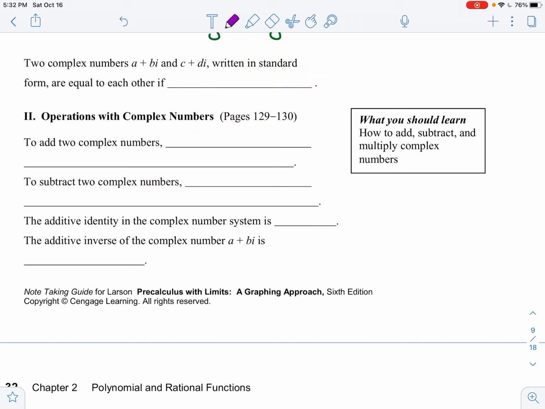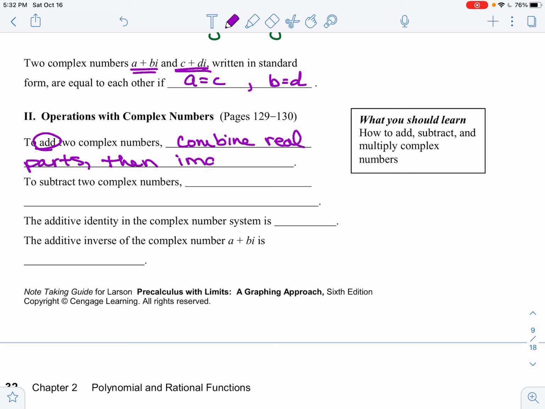Two complex numbers, a plus bi and c plus di, written in standard form, are equal to each other if a and c are equal to each other and b and d are equal to each other. To add two complex numbers, you're just going to combine both real parts, and then you're going to combine the imaginary parts.